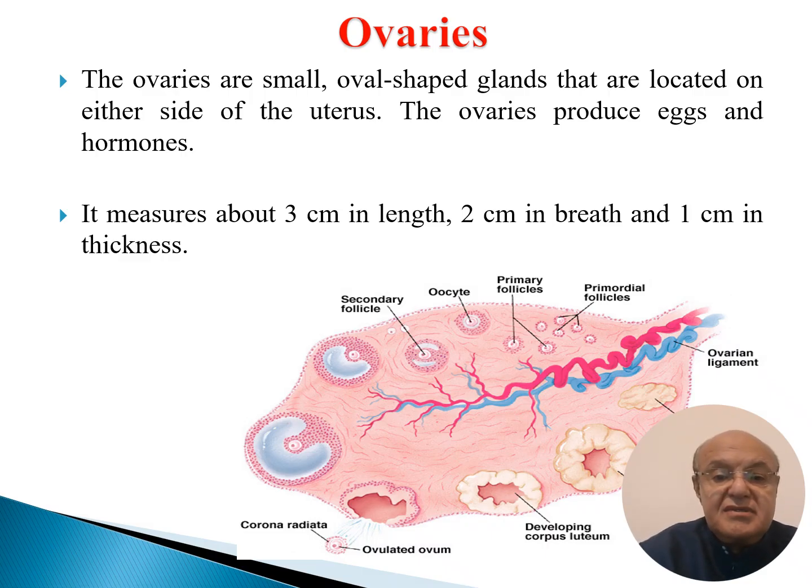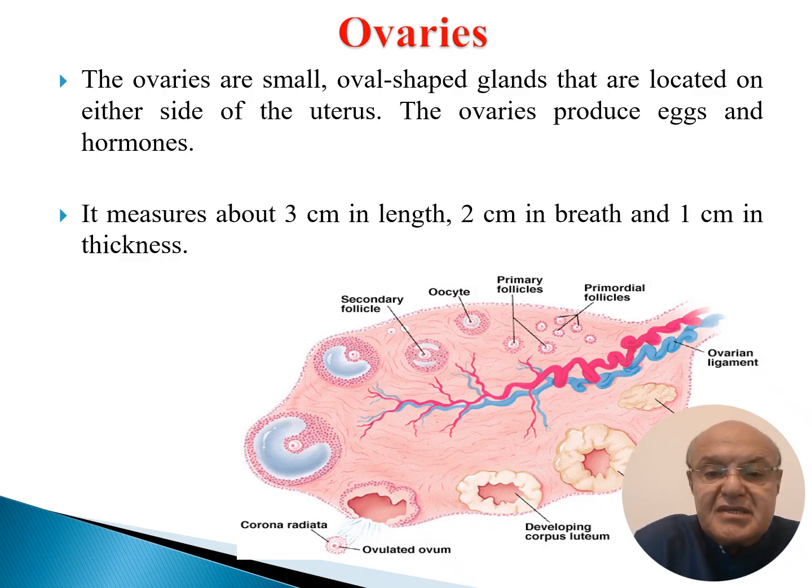It has different stages of the eggs, from primordial follicles to primary oocyte, secondary oocyte, and the egg. After rupture of the Graafian follicle with release of the egg, the corpus luteum forms.